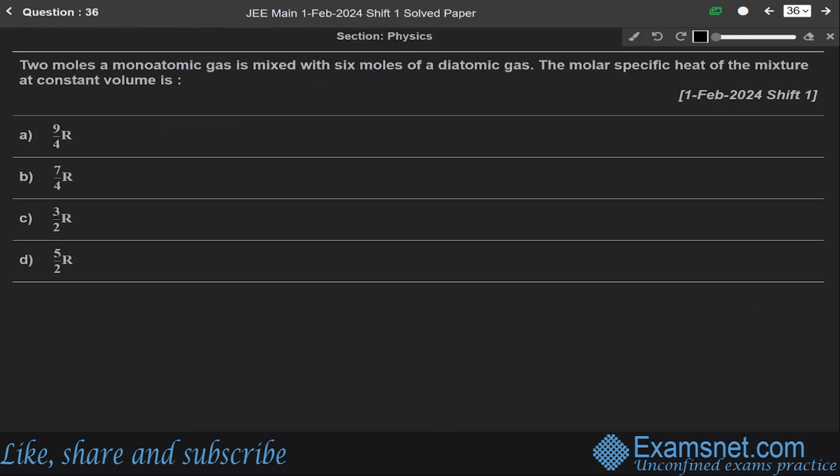Now next question 36. 2 moles of a monoatomic gas is mixed with 6 moles of a diatomic gas. The molar specific heat of the mixture at constant volume is. So this question is from the chapter of kinetic theory of gases.